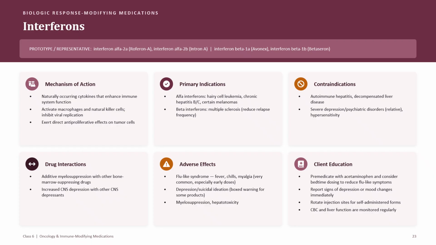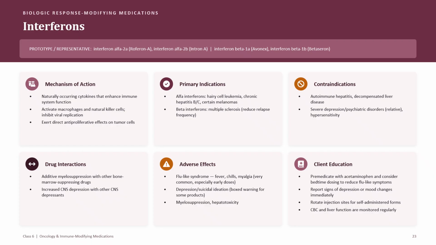So the interferons are substances your body already makes naturally. They're part of your normal antiviral and anti-tumor defense. So what we're doing here is giving them at pharmacological doses, which is way beyond what your body makes on its own.